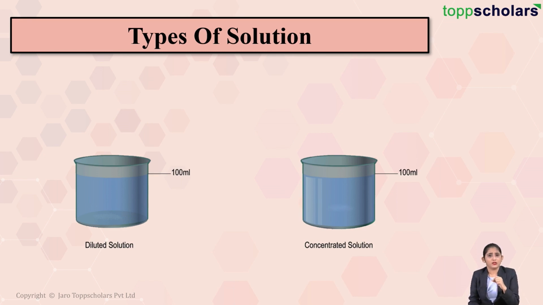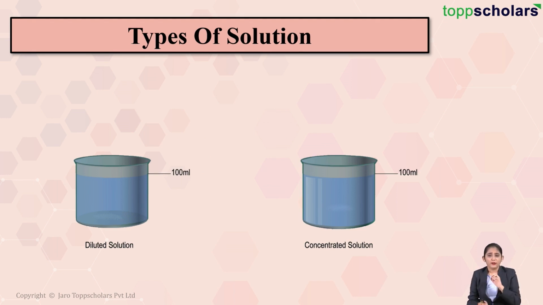Now, I am going to stir it, right? So, the solute dissolves in the solvent, that is water, and results in the formation of a solution, right? Now, in the second beaker, I am going to add a large amount of solute. I am going to add more salt in the second beaker, right? And now, I am going to stir it. So, the solute dissolves in the solvent, that is water, and I get a solution, exactly.